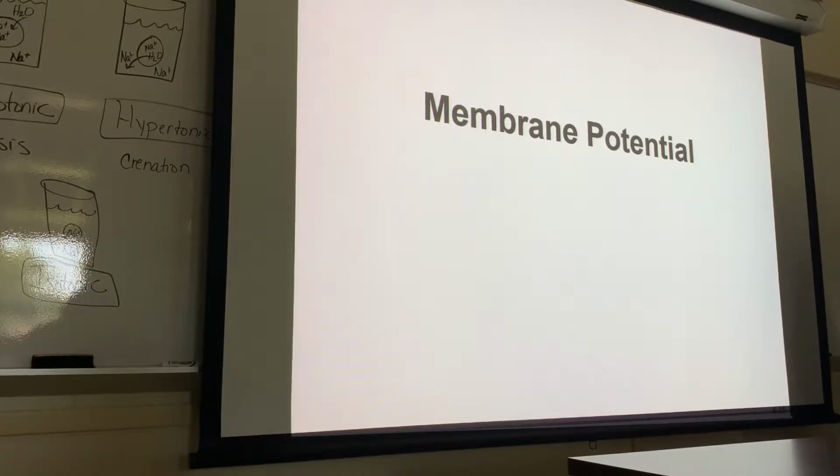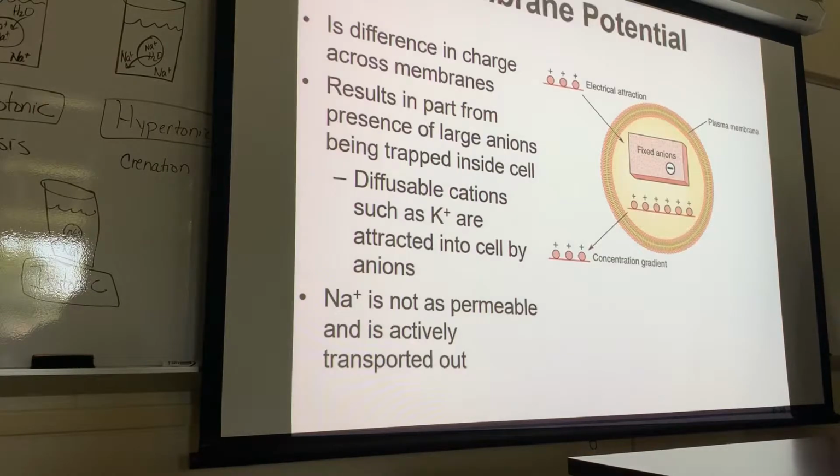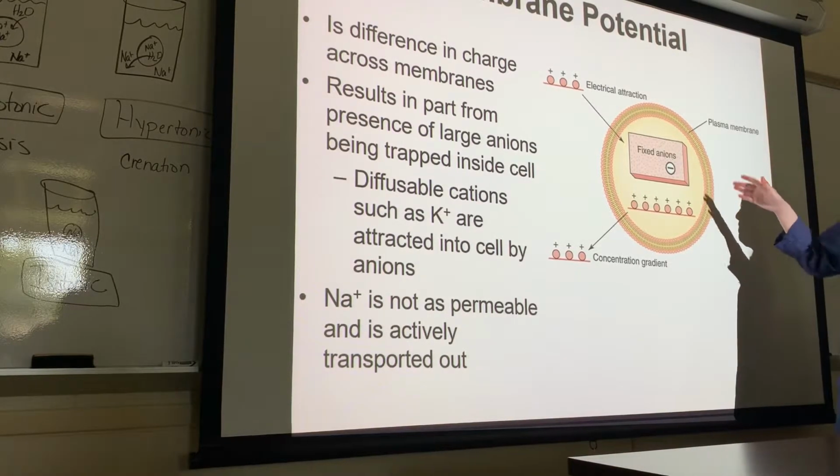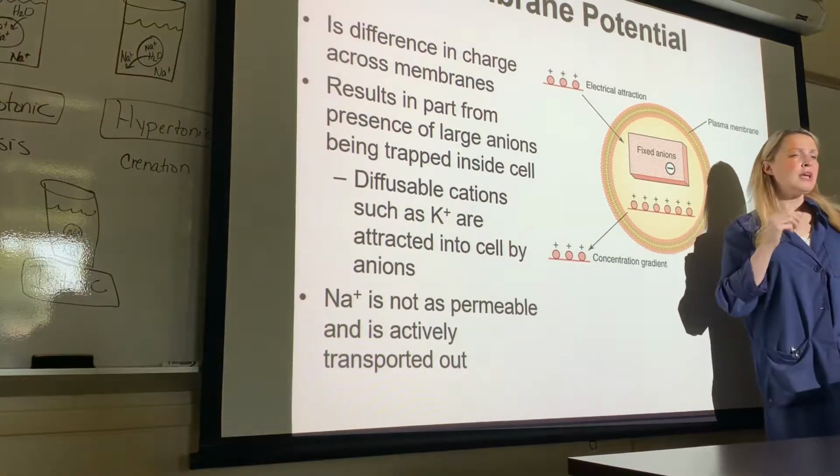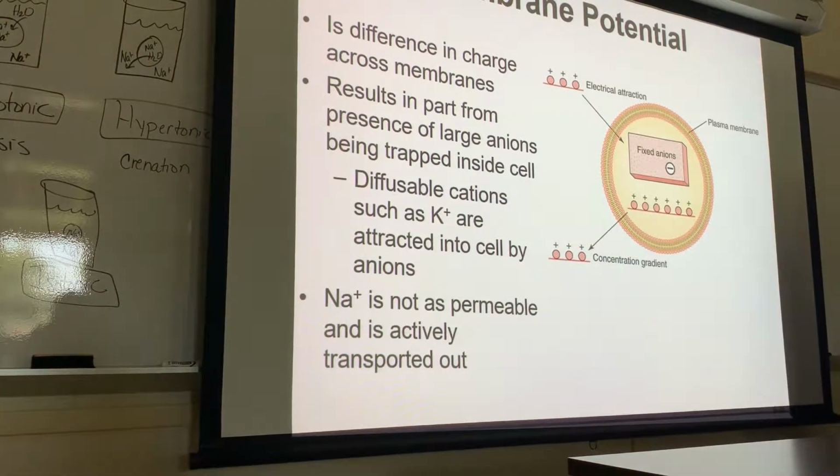So this is membrane potential. Membrane potential specifically describes the difference in charge across membranes. We actually measure the electrical charge inside of the cell in very small measures of voltage called millivolts, because it's very, very small.